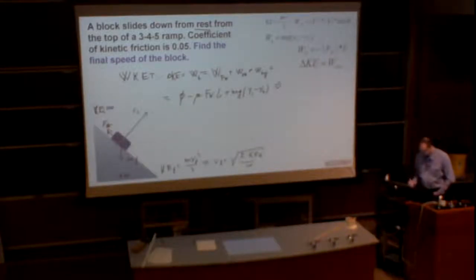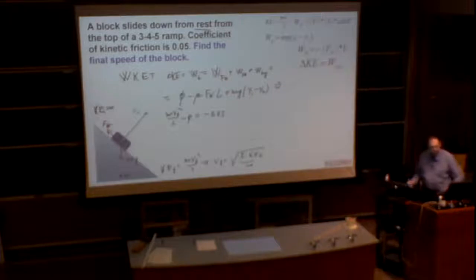Hence, I want to write both expressions explicitly. Kinetic energy will be equal to mv final squared over 2 minus 0, okay, final minus initial. And on the right-hand side, we can start writing numbers when we know them.